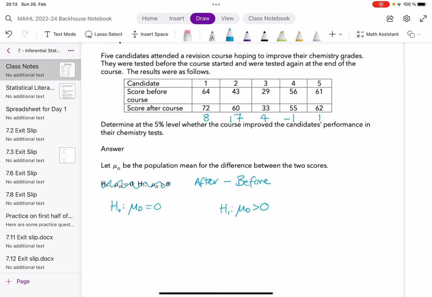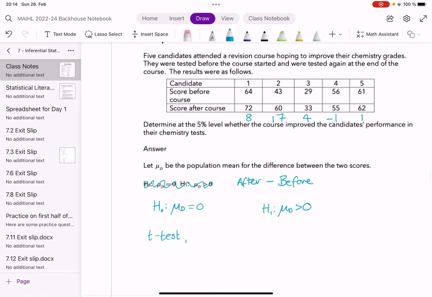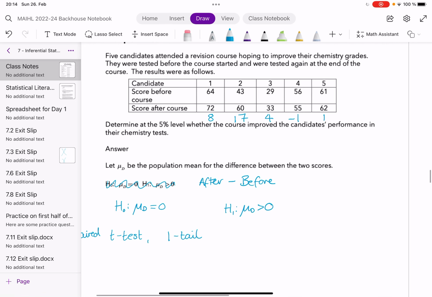All right, so let's have a little think about what we're doing. I don't know the population standard deviation, so we're doing a t-test. It is a one sample t-test, or it's a paired t-test really. Let's call it a paired t-test. And it is one-tailed because we're only looking at whether it has improved, whether it's greater than 0.